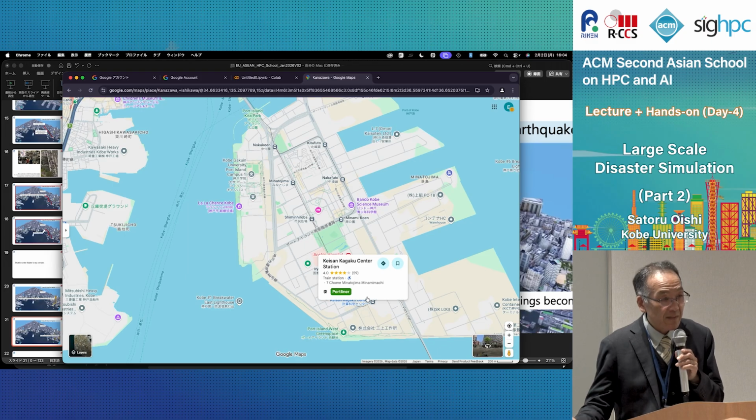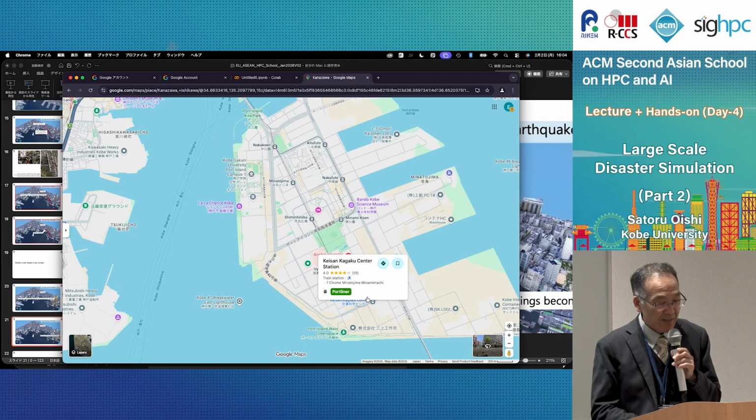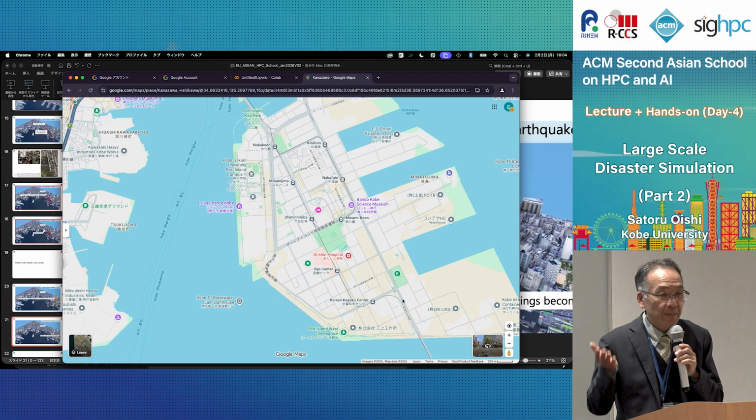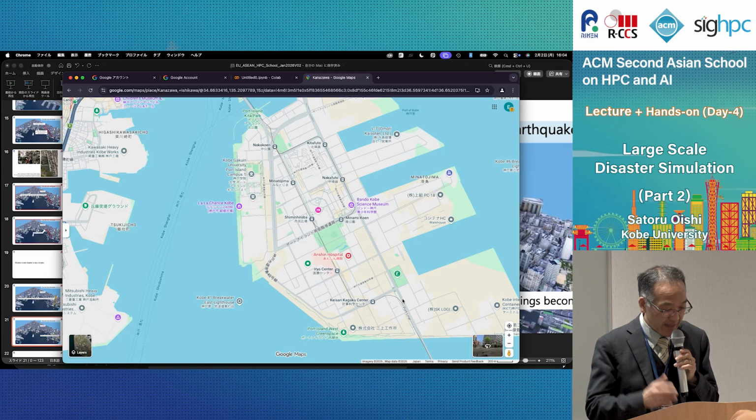If an earthquake hits today, tonight, or tomorrow, you may stay here, then you are safe. Maybe upper stairs are more safe.